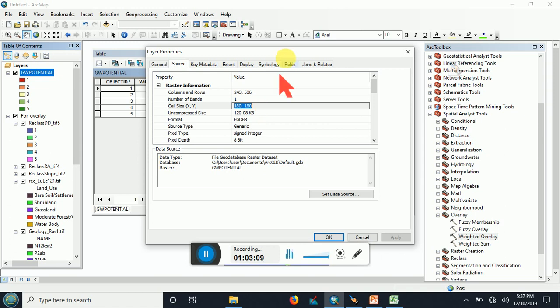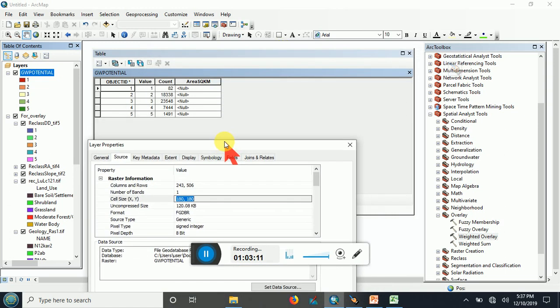When the system counts, for instance, in the most important groundwater potential zone, there are 1491 cells, the number of cells. So the area is 180 by 180 times this count, with a conversion factor into square kilometers, because this is in meters.